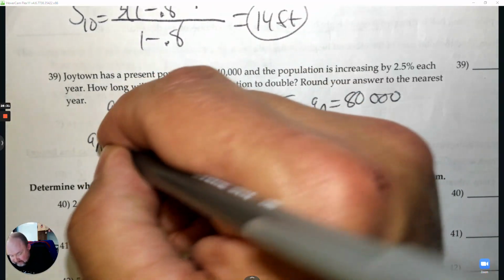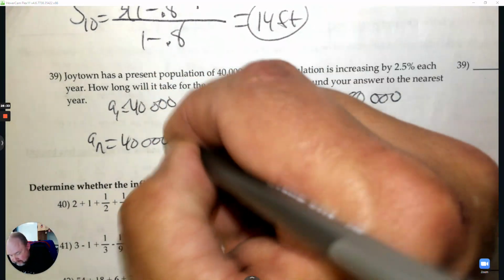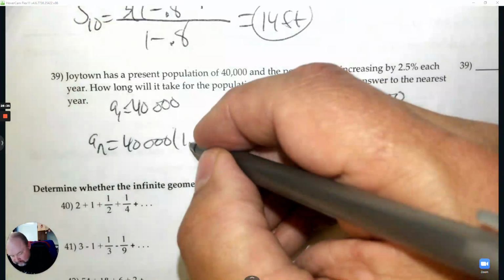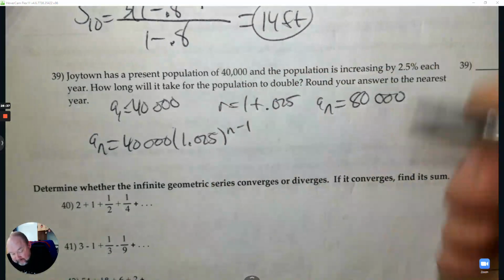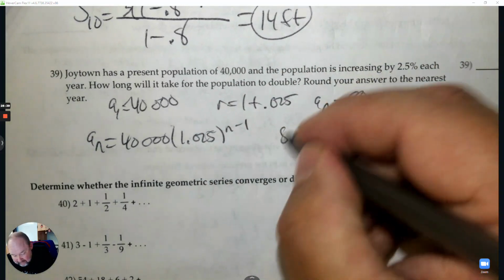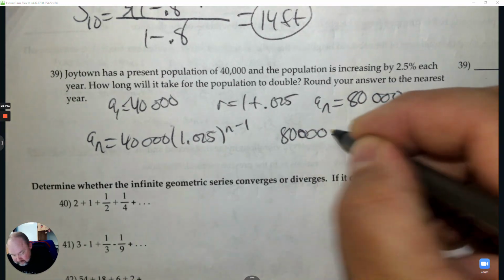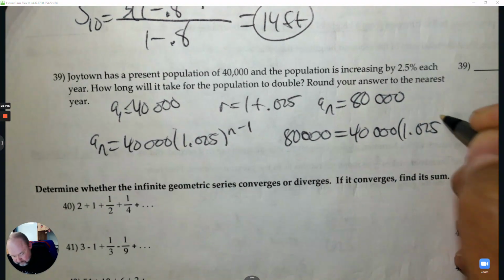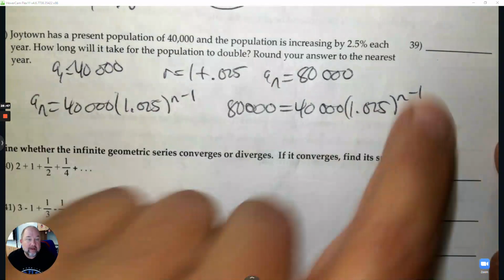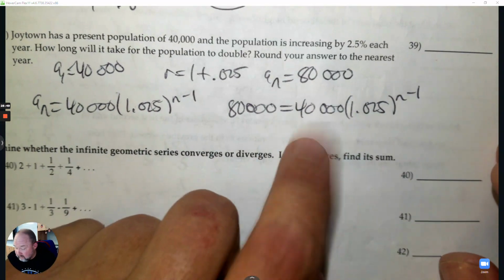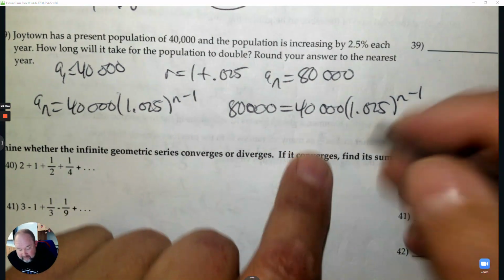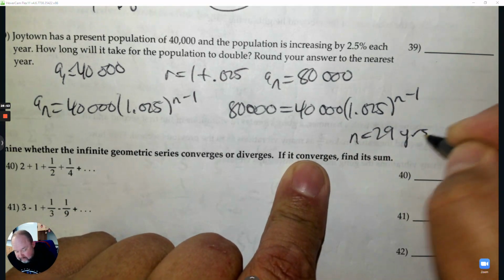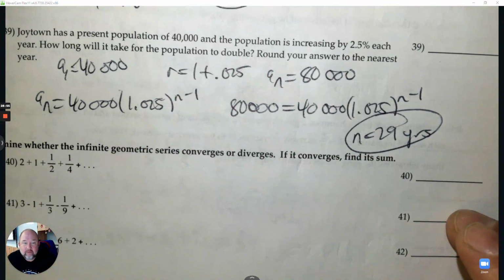So we're going to model it. Then I'm going to plug in 80,000. And then use your calculator. Otherwise, you'd need a logarithm, but use your calculator to solve it, and you get about 29 years for it to double.